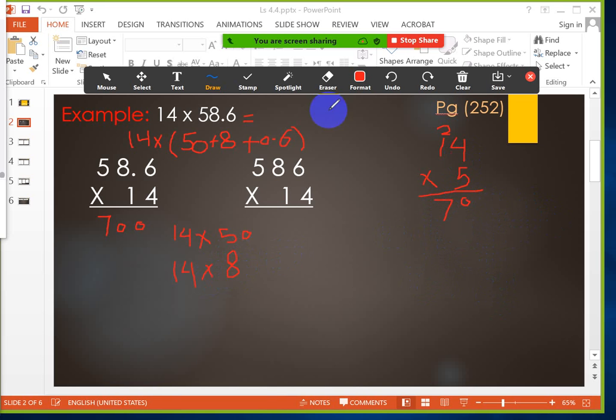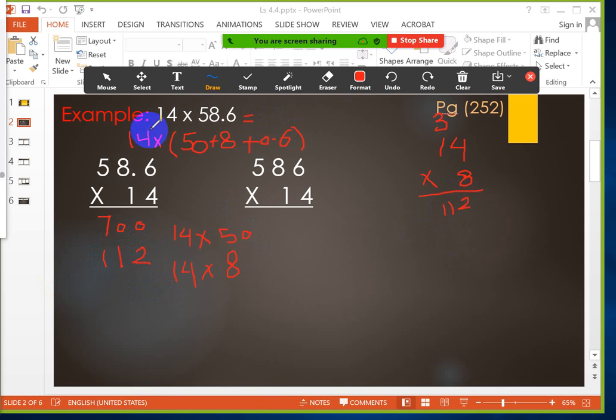I will multiply 14 with 8 right here. So the answer equals what? 8 multiply 4 equals 32. So I will put 2 here and 3 above the tens. 8 multiply 1 equals 8 plus 3 equals 11. So this is the second answer, 112.